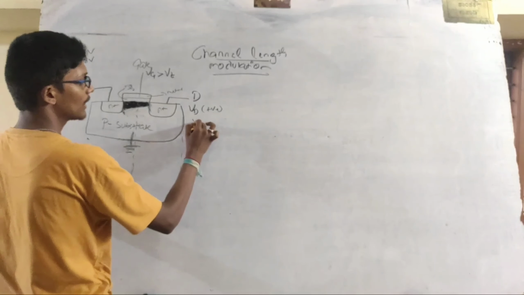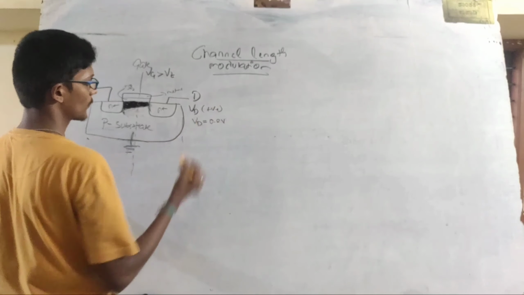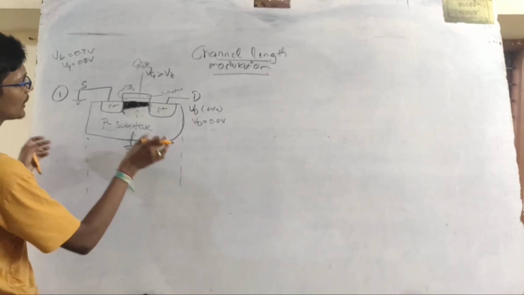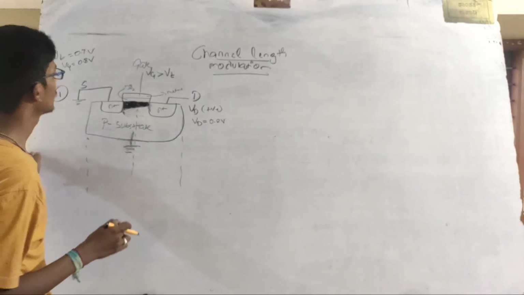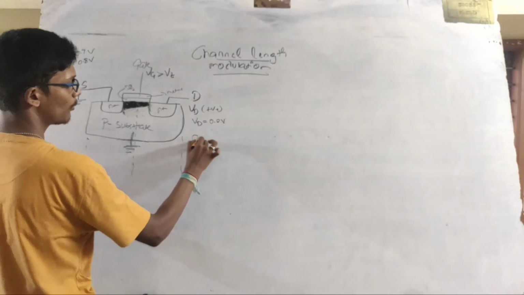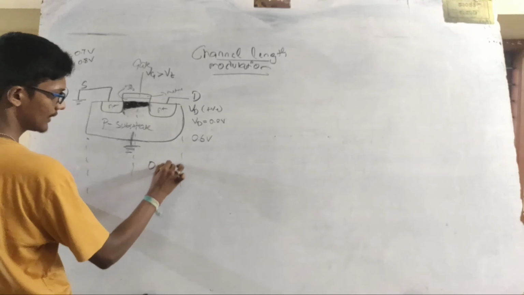In the first case, VD is very small, let's take 0.2 volts. The potential difference between gate and drain is 0.8 minus 0.2, which is 0.6 volts.